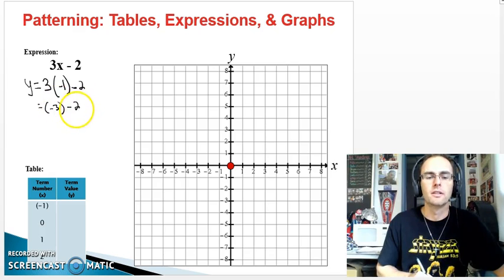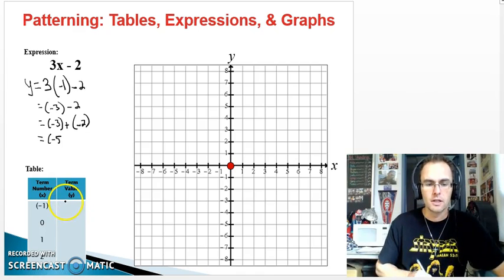Then we have subtract 2. Using my integer rules of subtracting integers, I add the opposite. So -3, this becomes plus, and that 2 becomes -2. And now I have -3 plus -2, which is -5. So this right here is actually -5.